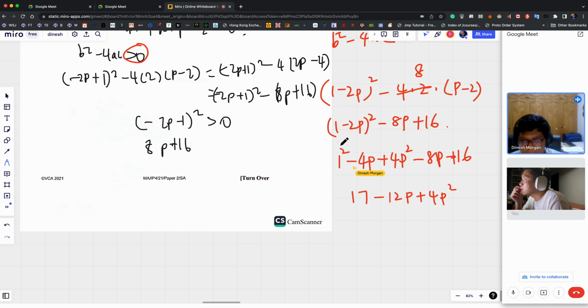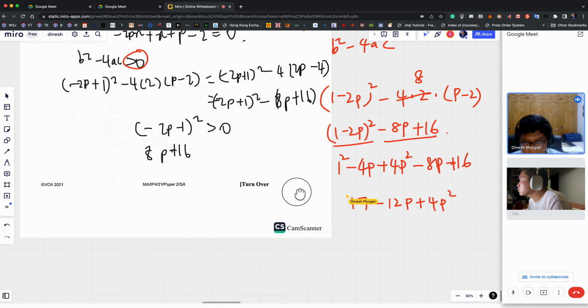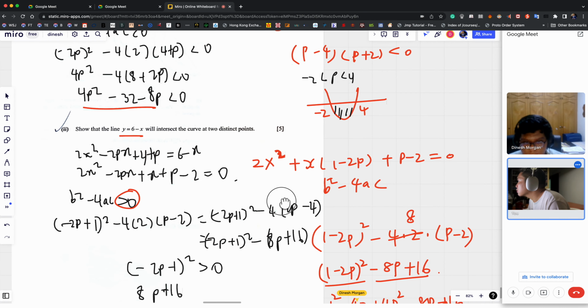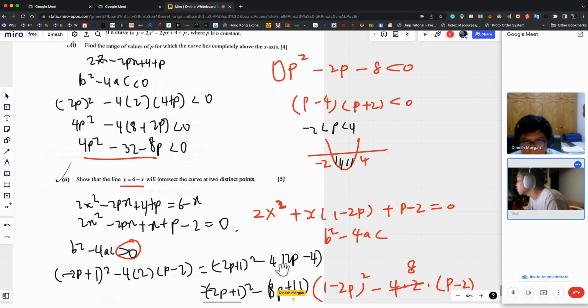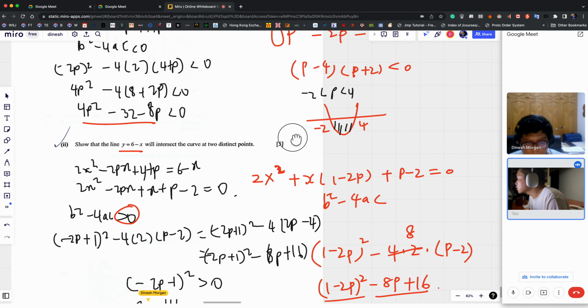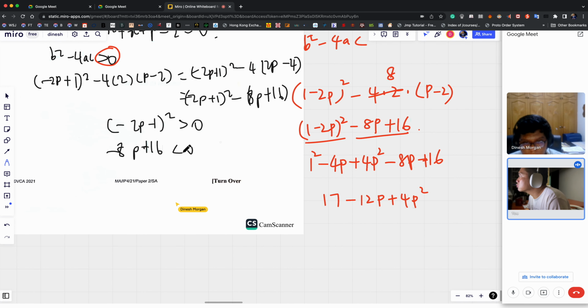Yes, that is always positive, which I agree with, but how do you explain this? p is only from negative 2 to 4, so for negative 1 you'll end up with something smaller than 0 already.